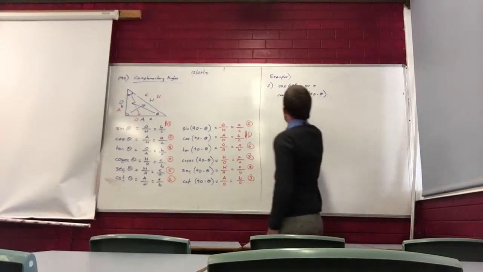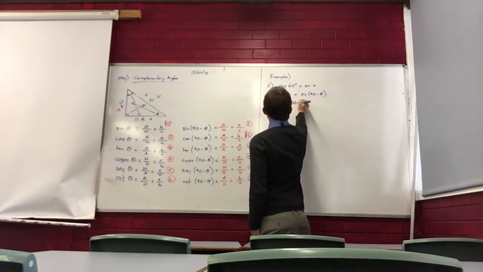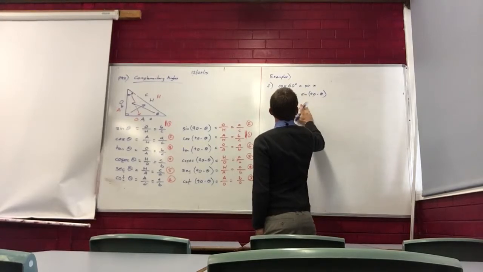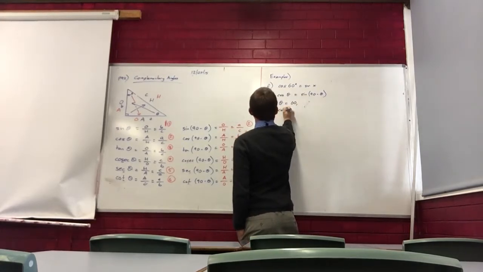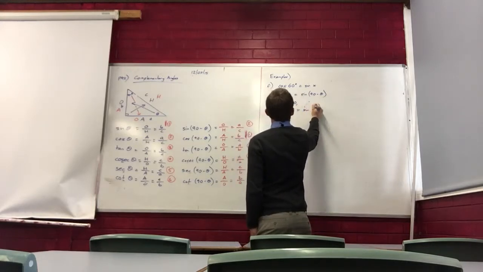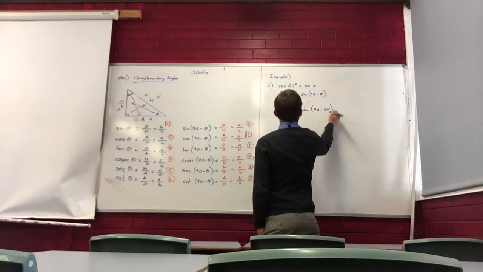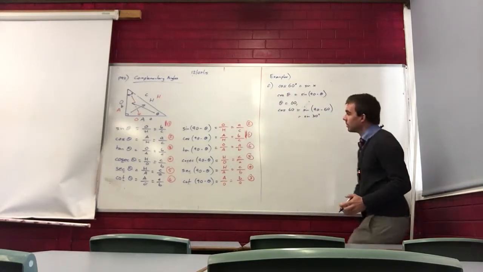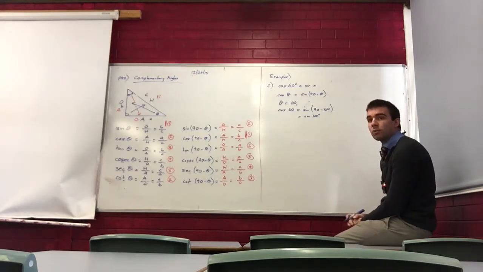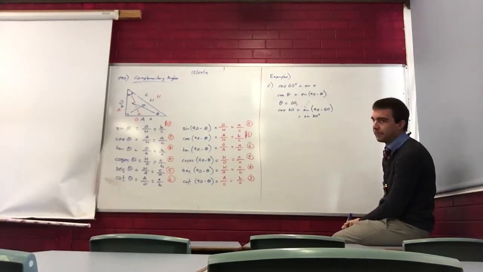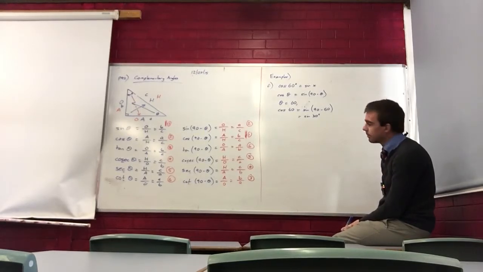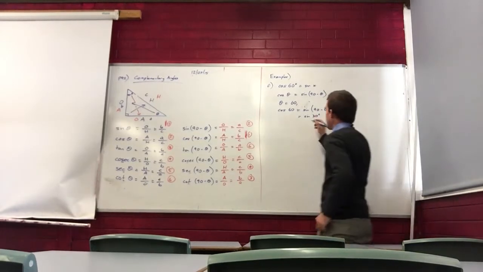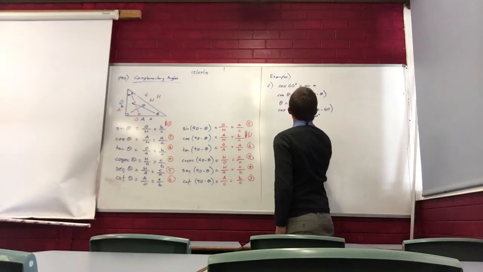So theta equals 60, so cos of 60 equals sine of 90 minus 60, which is sine of 30. So cos of 60 is the same ratio as sine of 30. Okay, so x is equal to 30 degrees.